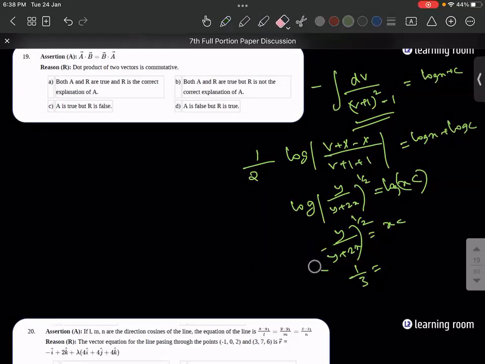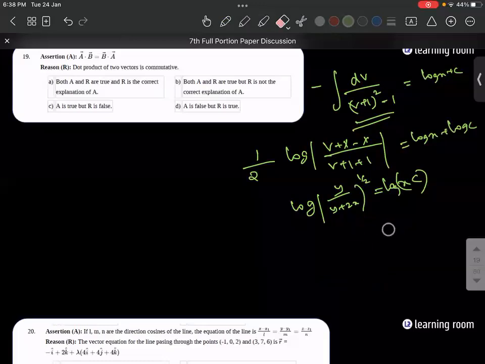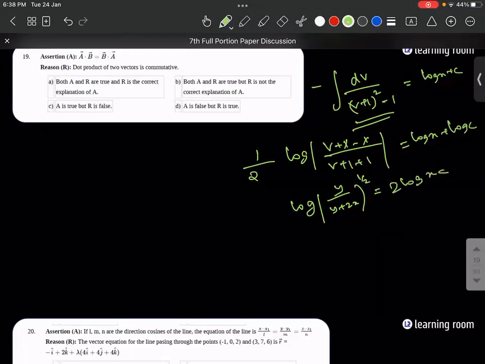Why don't I take the 2 to the other side? I don't want that power. 2 log of xc, this half I'll leave it. So I can write this as x square c square is y by y plus 2x. So 1 by 3 is equal to c square. So c will be 1 by root 3.